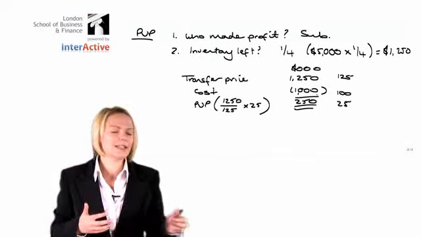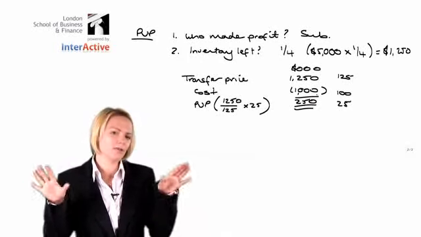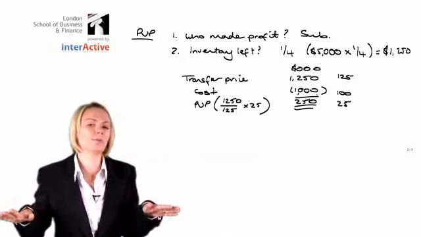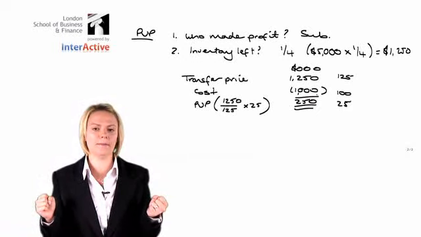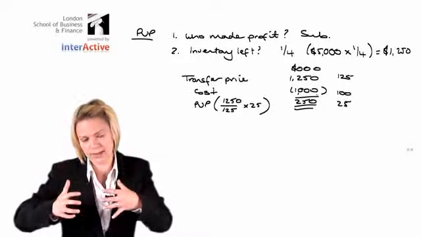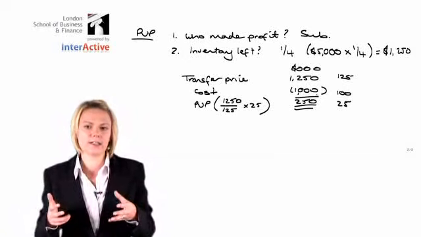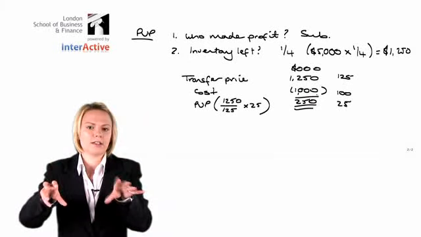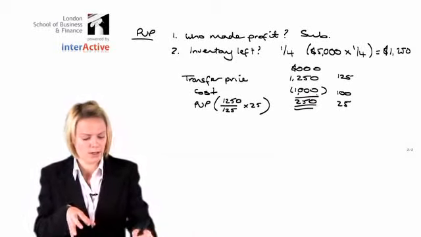Now, when we did this in the statement of financial position, we said debit retained earnings and reduce down the selling company's retained earnings, and credit and reduce group inventory. Now, we're thinking about the impact on profits only. When we say debit retained earnings, that's reducing profits. So whose profits are we going to reduce with this PUP?